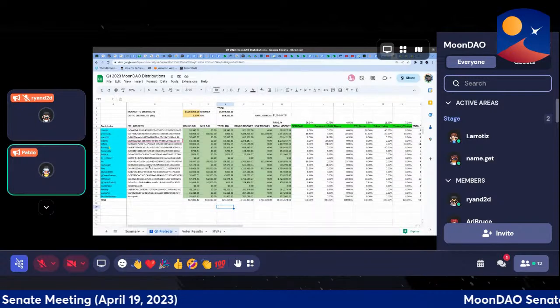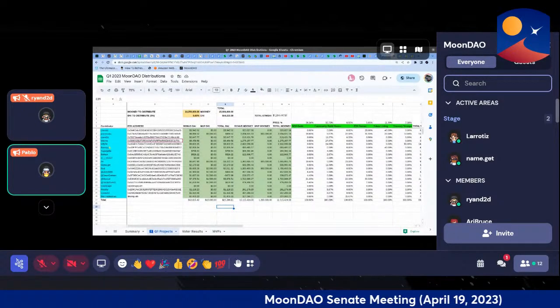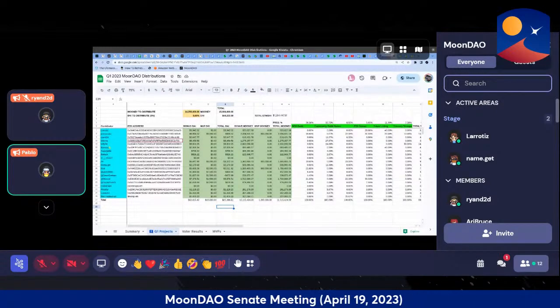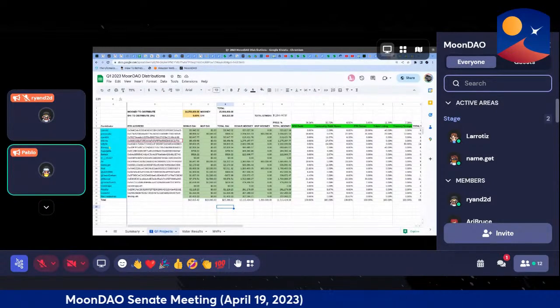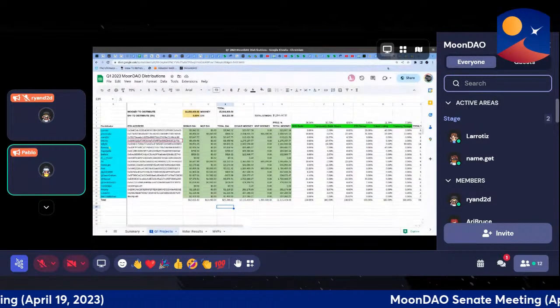But yeah, okay. If there are no other questions about Yan, then I'll move over to the next agenda item. So there's an update with the MoonDAO operating agreement.